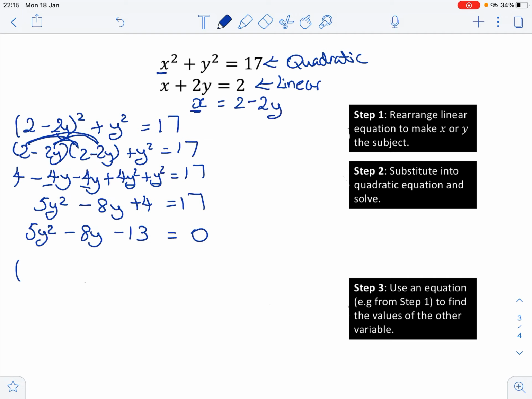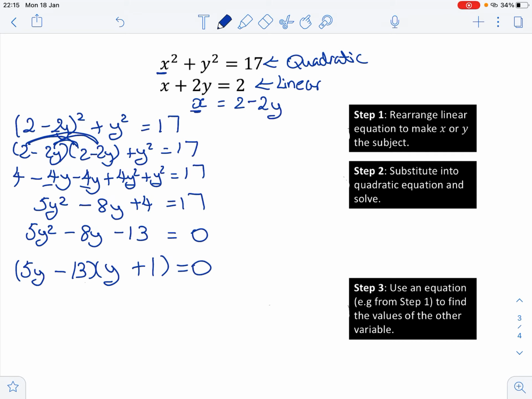Now we can factorize to find the values for y. You can just try and error. I'm going to put 13 here and 1 here. So I'm going to have (5y minus 13)(y plus 1) equals 0.